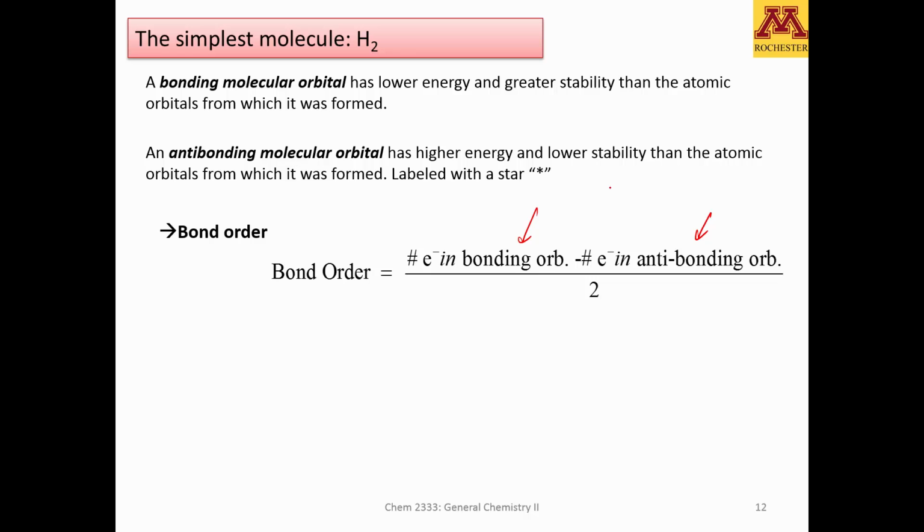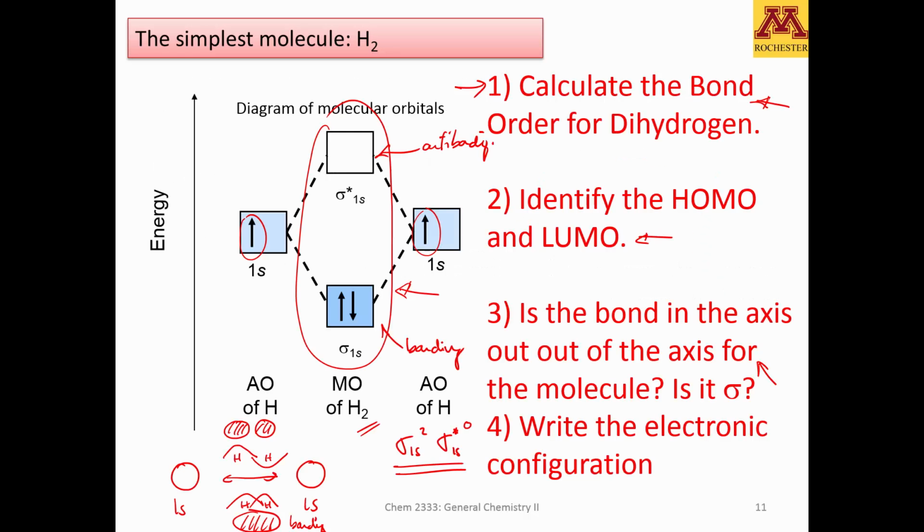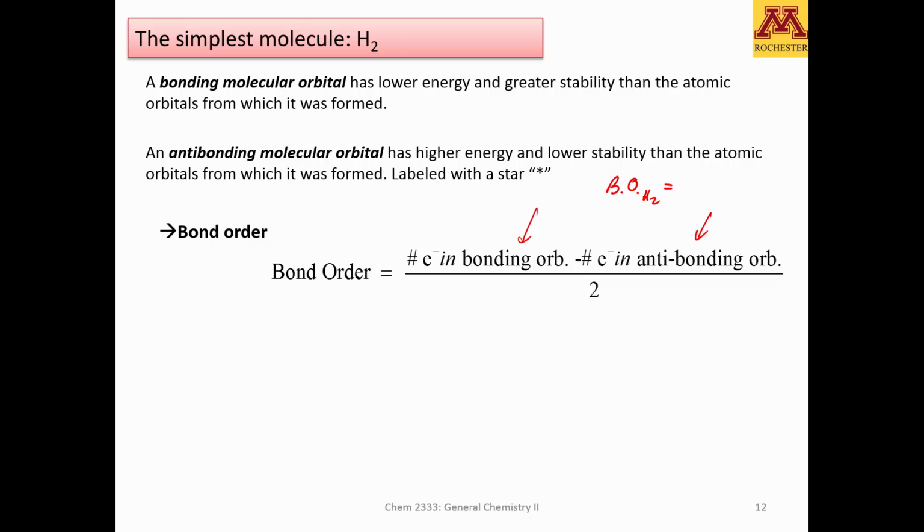So in our case, the bond order for hydrogen: we had 2 electrons in the bonding, 0 in the anti-bonding. Therefore, I have 2 minus 0 divided by 2. No surprise, the bond order is 1. Notice that we could already have predicted a bond order of 1 using Lewis structures, so that's not an example where molecular orbital theory shows its power.